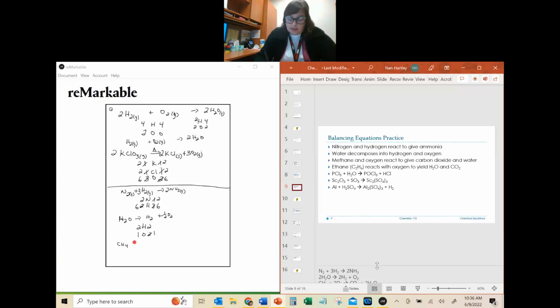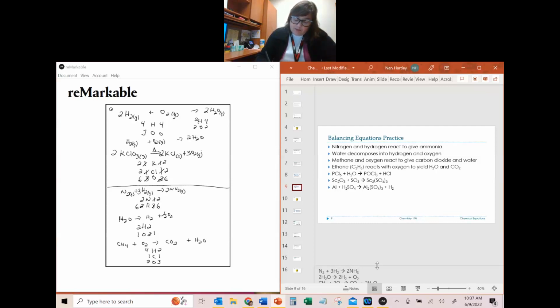So methane plus oxygen react to give carbon dioxide and H2O. Hydrogen, carbon, oxygen. So carbon is first. I have 1 carbon and 1 carbon. I have 4 hydrogen and 2 hydrogen. I have 2 oxygen and 3 oxygen.